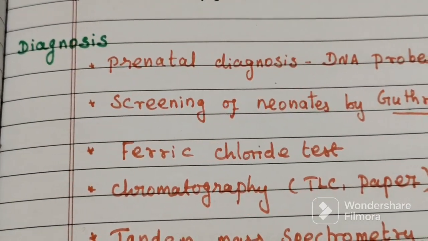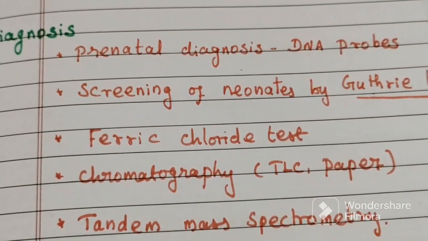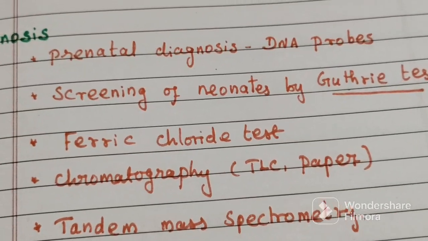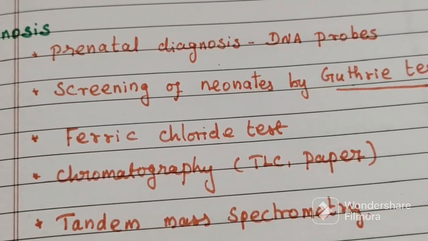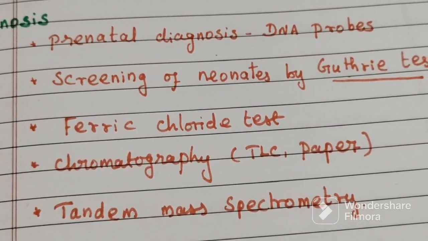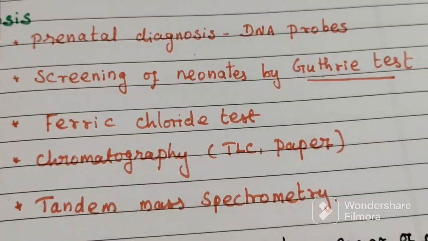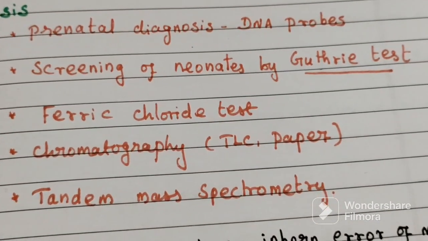Diagnosis of phenylketonuria. Prenatal diagnosis is by DNA probes. The screening of neonates is by the Guthrie test. Then the ferric chloride test, thin layer chromatography and vapor chromatography.